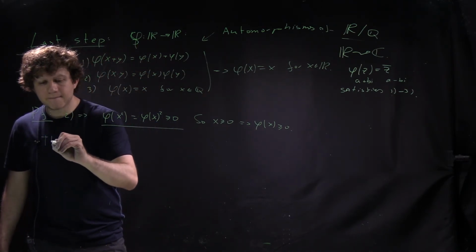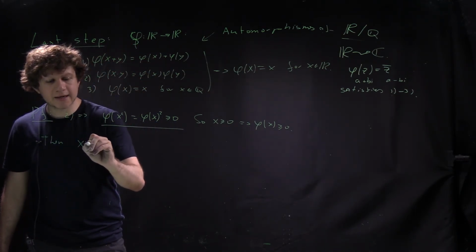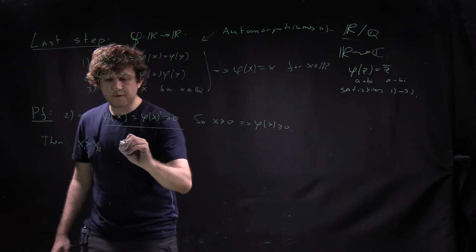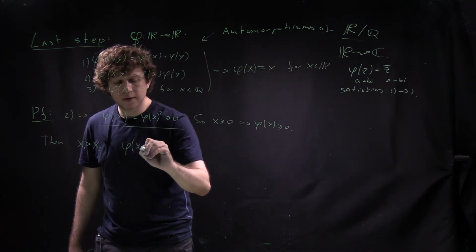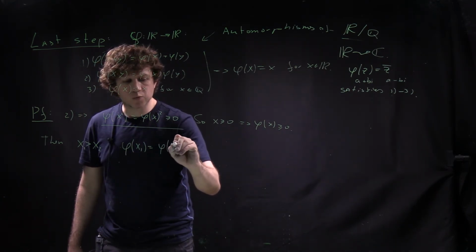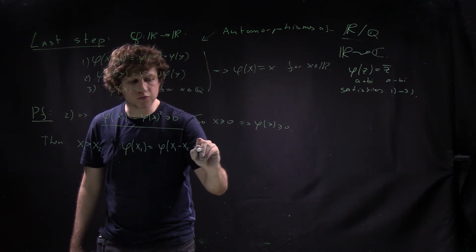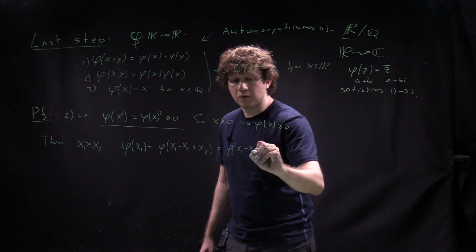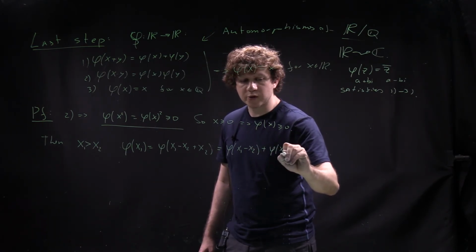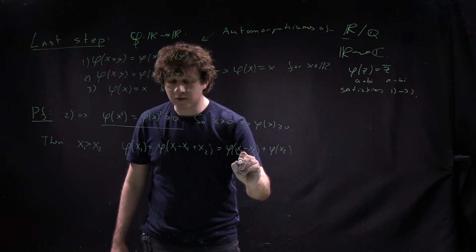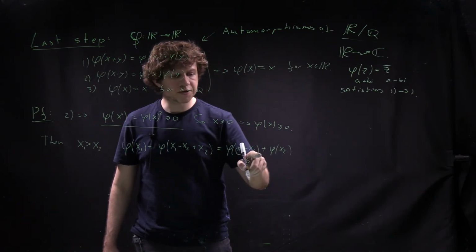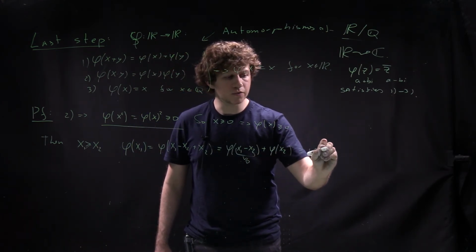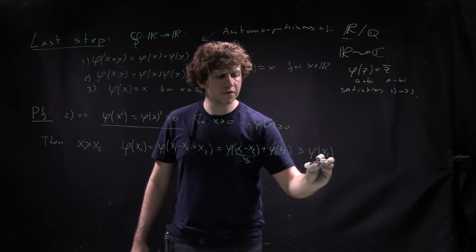And then, if you take x1 bigger than x2, then phi of x1 equals phi of x1 minus x2 plus x2, which equals phi of x1 minus x2 plus phi of x2 by linearity, property 1, and this is greater than 0. And so you conclude that phi of x1 is greater or equal than phi of x2. So your function preserves inequalities.